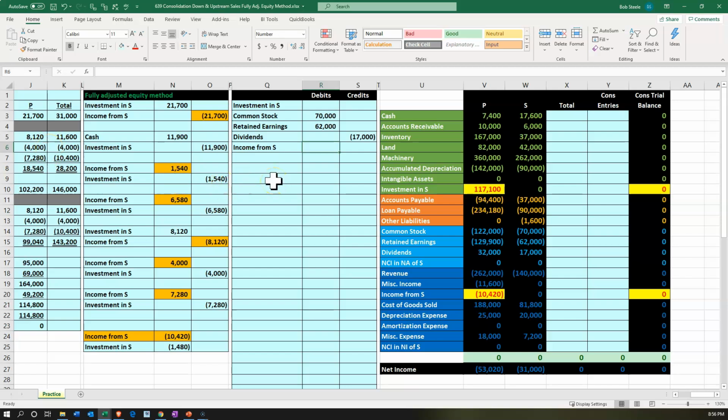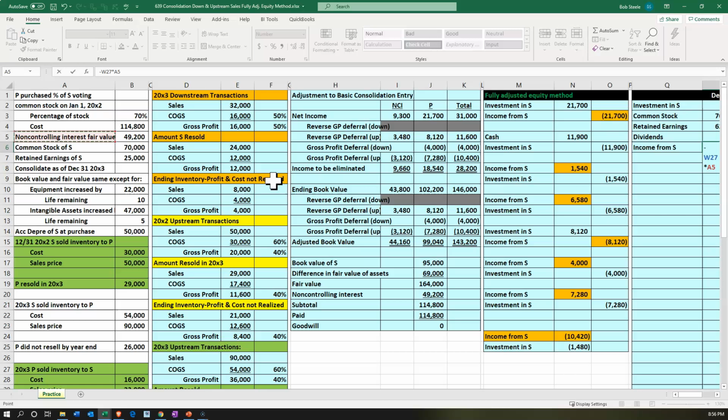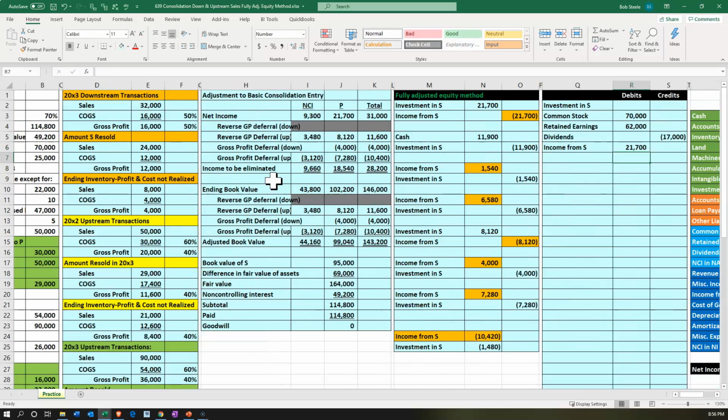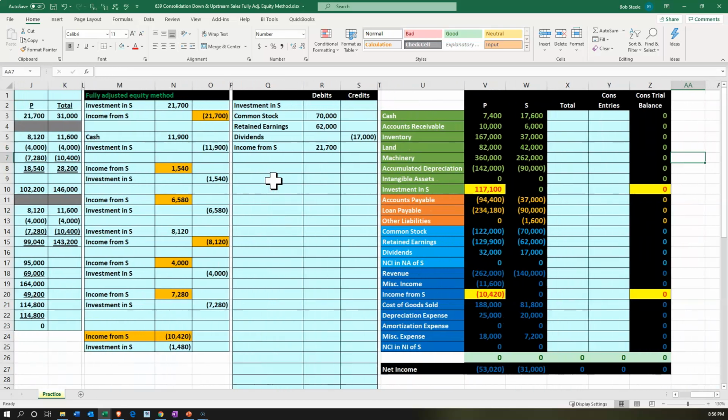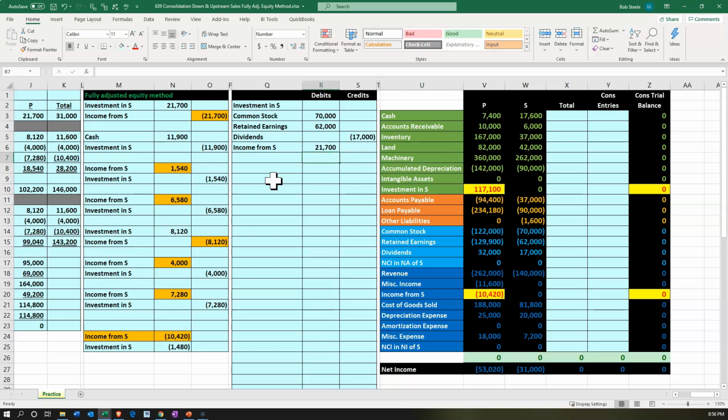So if we just did it like normal, we're going to take the negative of that 31,000 and multiply it times the parent percent, or the controlling interest percent, 70%. And then we've got the non-controlling interest, which would have to be the other side we have to account for, the 30%. This has got to be then the 30% of that 31,000.